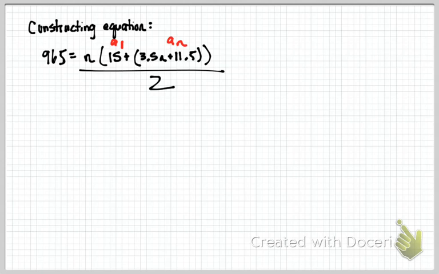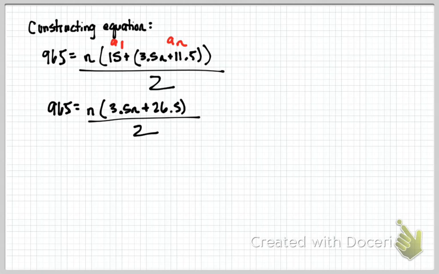Will we have to FOIL that? All divided by 2. Before we distribute that in, how do we take care of that 2 on the bottom? I don't like it.